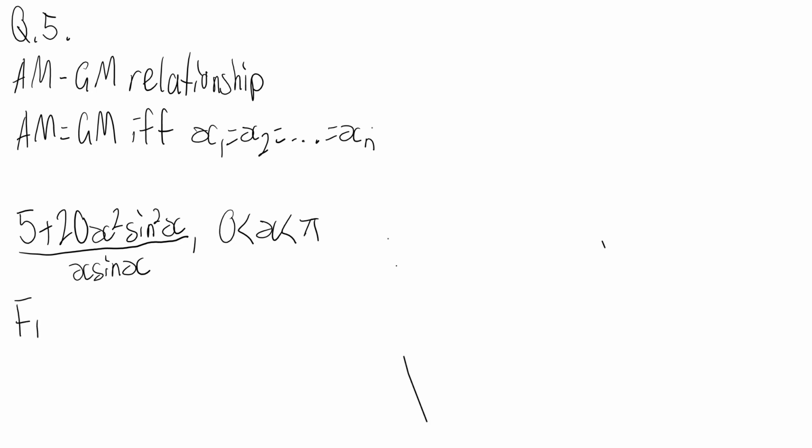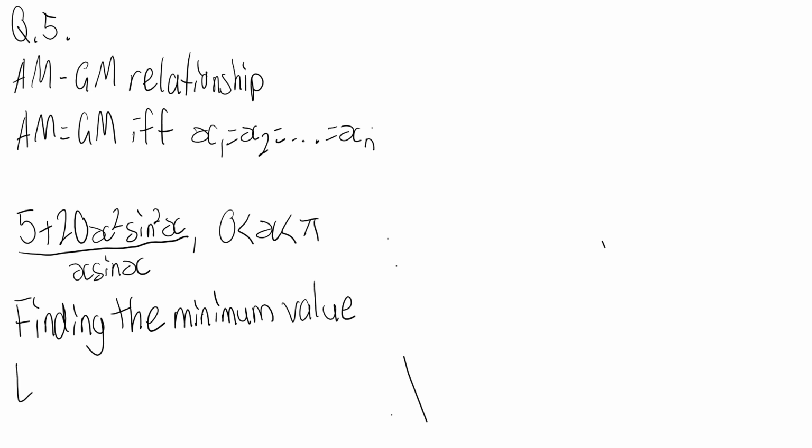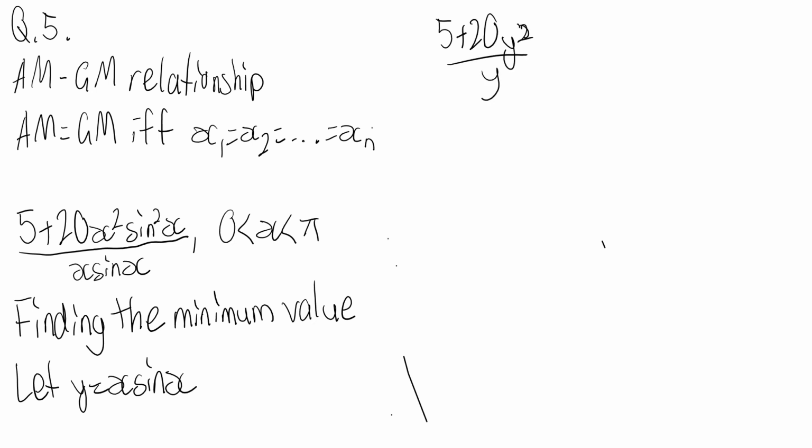So for this question, we're finding the minimum value. So we'll let y equal x sine x. So this will mean that this will equal 5 plus 20y squared on y, which equals 5 on y plus 20y.